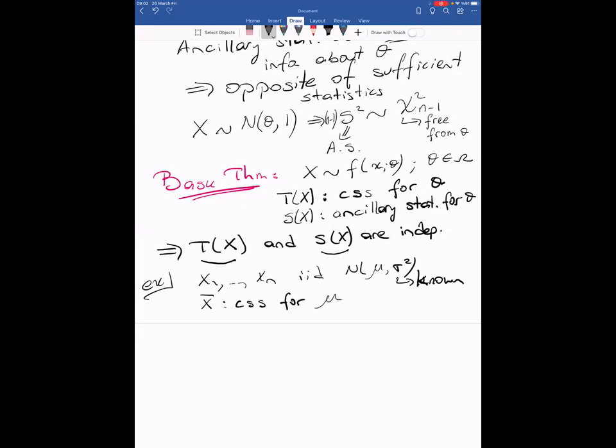Then n minus 1 times s squared is distributed as chi-squared with n minus 1 degrees of freedom. Previously we said that this is an ancillary statistic because its distribution is free from mu. So this means that x bar and s squared are independent by Basu's theorem.